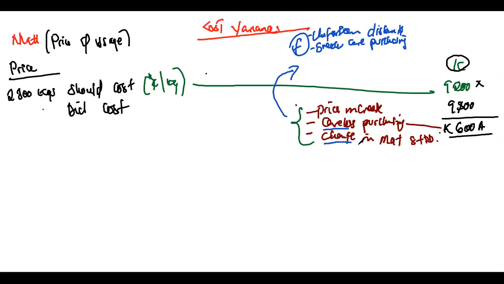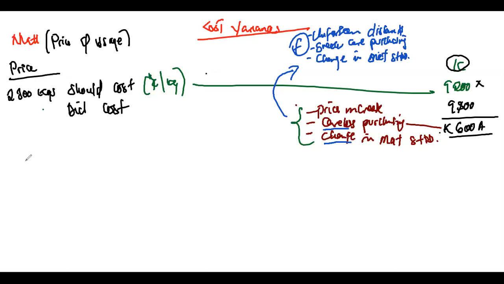The same reason can also apply. You are using 0.5 kilos, now you begin to use 0.4 kilos, which makes you spend less. So, change in material standards. Okay, so those are the reasons.